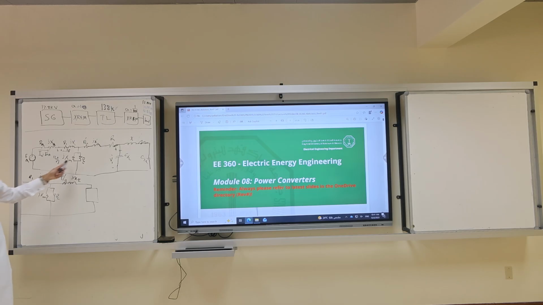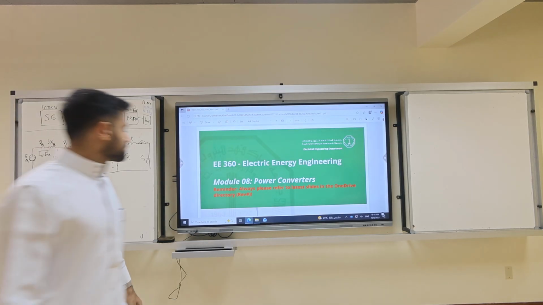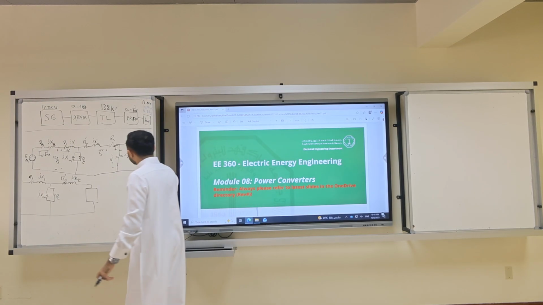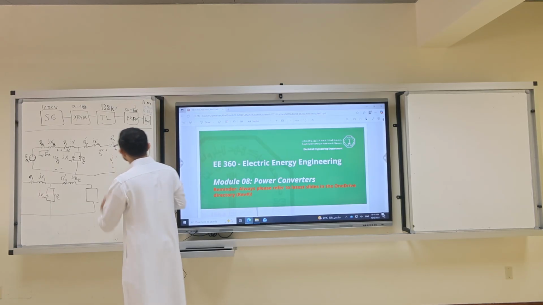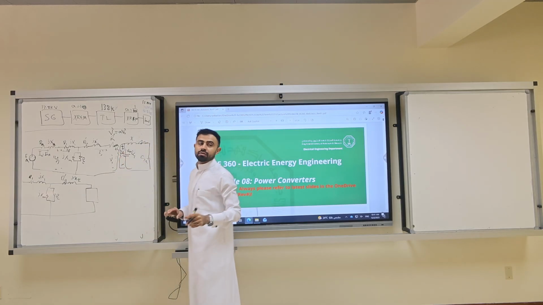But the trick here, if I calculate VS prime, I get also IS prime. The trick here is the transmission line, the pi model, has an input. We should have an ideal transformer here to convert VS prime equal to A times VS. And here we have VS, which is V sending, equal to V secondary of the transformer.